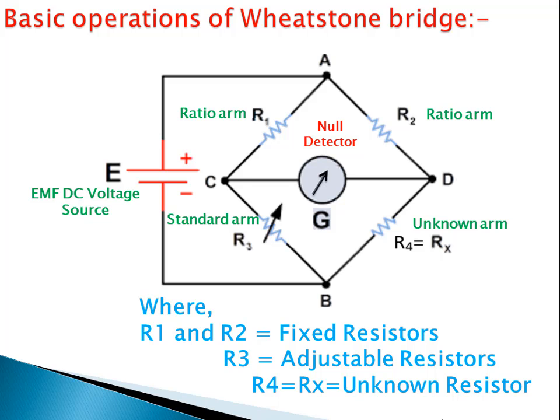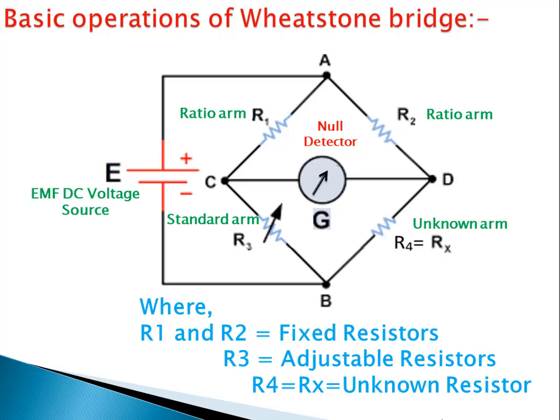Here, before applying any DC voltage, the pointer which you can see on the screen has to always display 0 volt. That means the pointer has to point towards the 0th position. If it is not, then we can say the bridge is not under the balanced condition, but under the unbalanced condition.